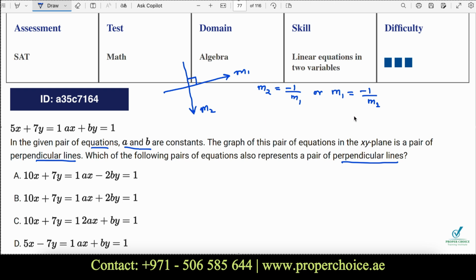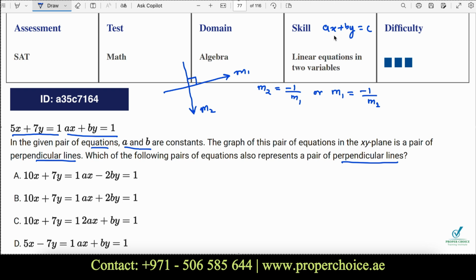Now I have to make use of this rule to predict which of the following are equivalent to the pair of equations which has been represented. Before that, we need to find how the slopes of these two equations are related. As you can see, the equation has been written in the standard form, which is ax plus by equals c.